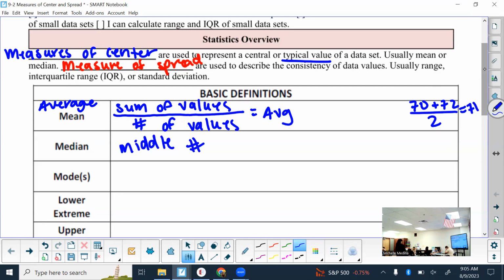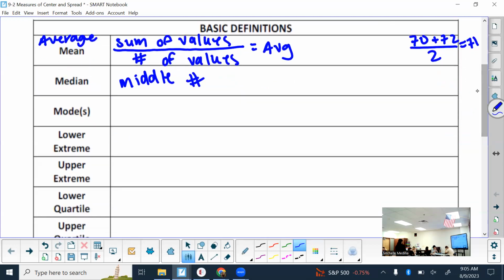All right, we haven't talked about mode yet this year. What is mode? Or what does mode sound like? What do you remember? Say that we're talking about grades in this class. Say we have like 56, 67, 70, 70, 81.